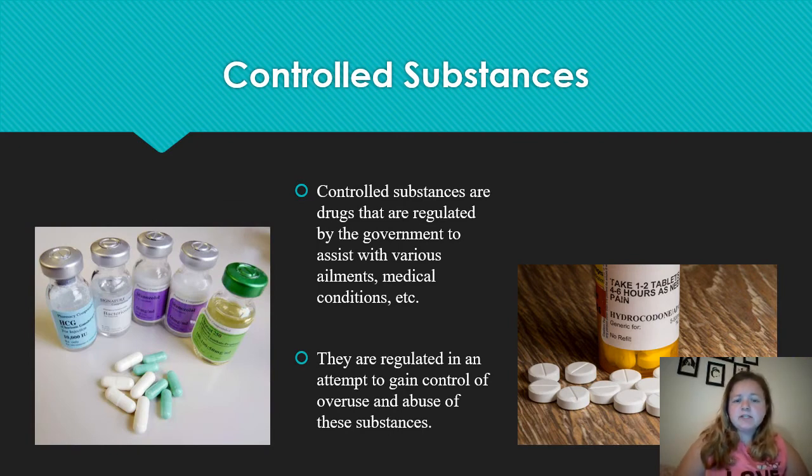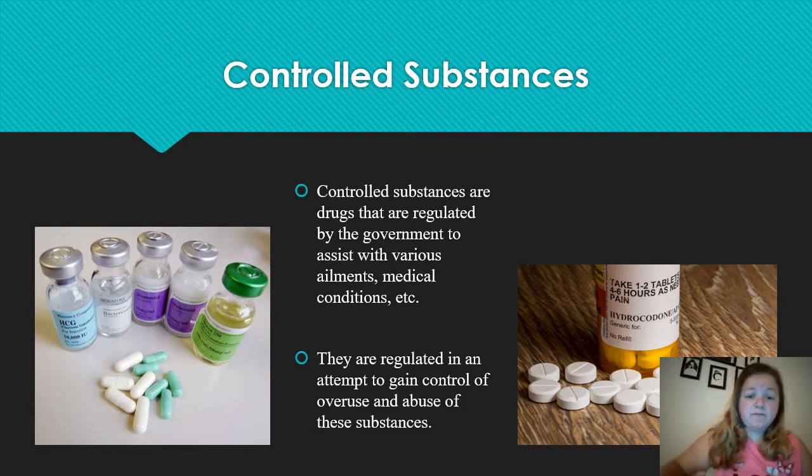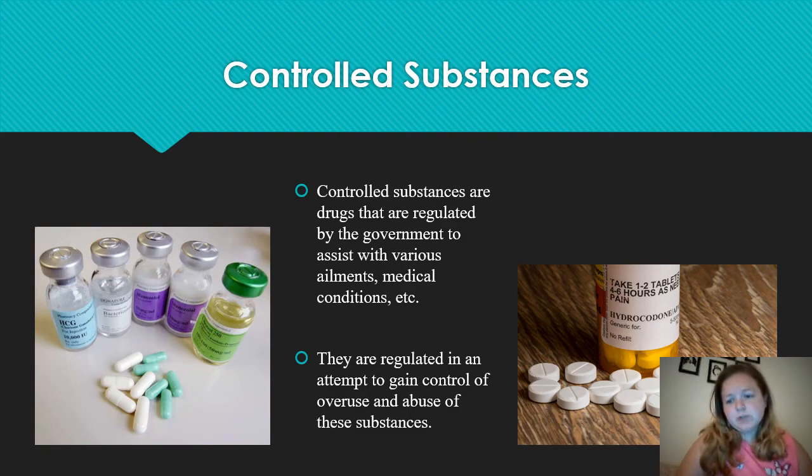Controlled substances, these are drugs that are regulated by the government. They help usually with varying ailments, conditions, in that regard. They are regulated to help gain control of drug abuse, and these substances are very commonly abused, and I think that's why the government felt the need to be able to control them.